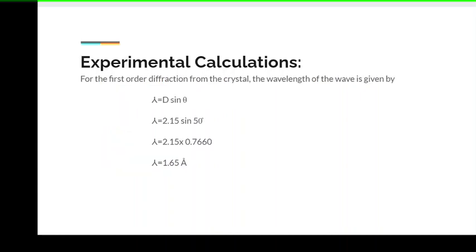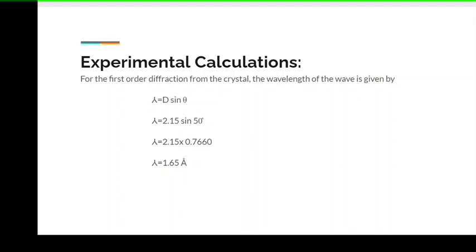And when we substitute the value of theta by considering the crystal for first order diffraction, the wavelength can be written as lambda equal to d into sine theta, where d is the crystal spacing, which is 2.15 Angstrom. Theta is the angle at which we got the peak, that's why sine 50 degrees, and the wavelength comes out to be 1.65 Angstrom.